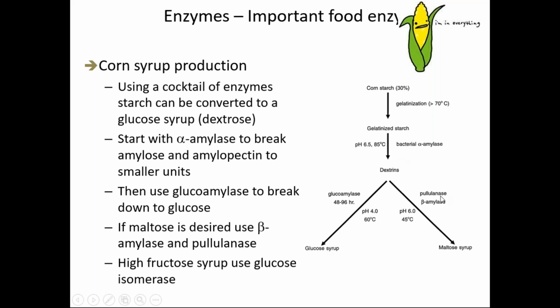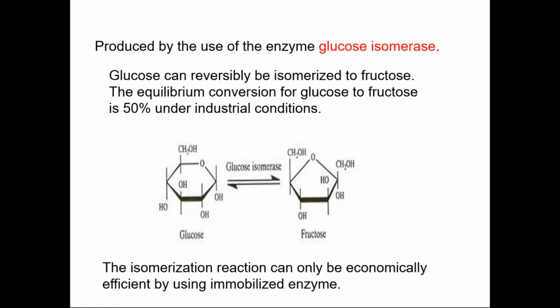If you add pullulanase and beta amylase to the dextrins, what you get is a high maltose syrup. So depending on which end product you require, you use a different pH and temperature regime. So that is why it is important. And as I said, every enzyme has got an optimum pH and an optimum temperature at which it can convert the substrate into a product.